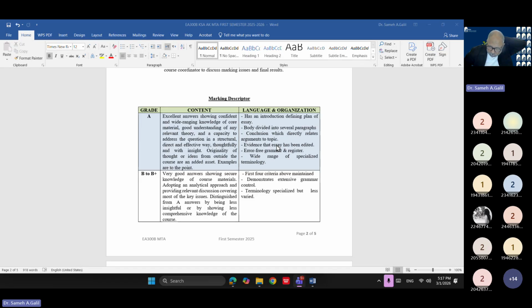So this is how you can secure an A. In terms of language and organization, you have to have an introduction defining your plan for the essay. You have to have body paragraphs, and you have to have a conclusion which directly relates arguments to topic. Of course, you have to provide evidence. You have to have error-free grammar and register, and a wide range of specialized terminology.